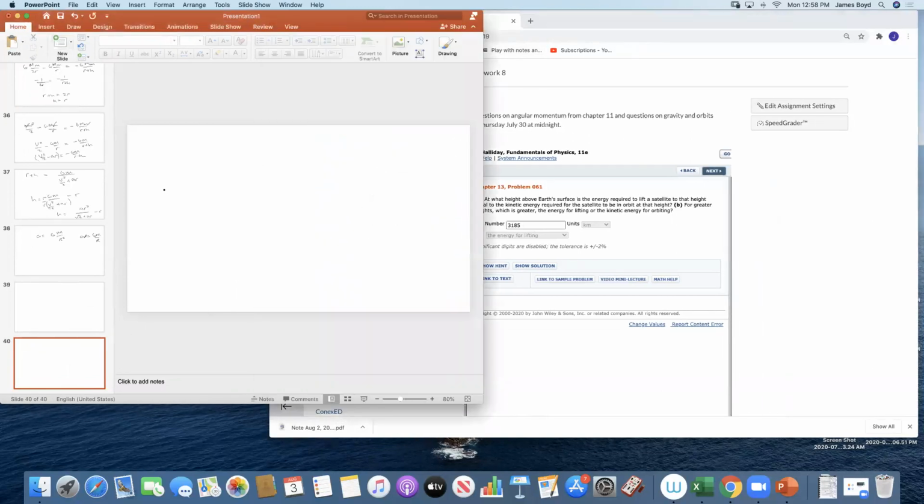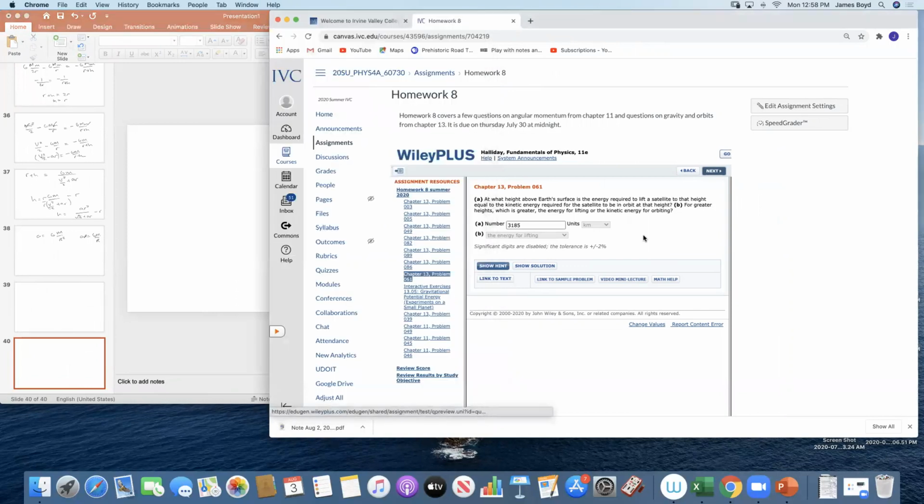This problem says we want to lift a satellite to a height equal to the kinetic energy of that orbit.